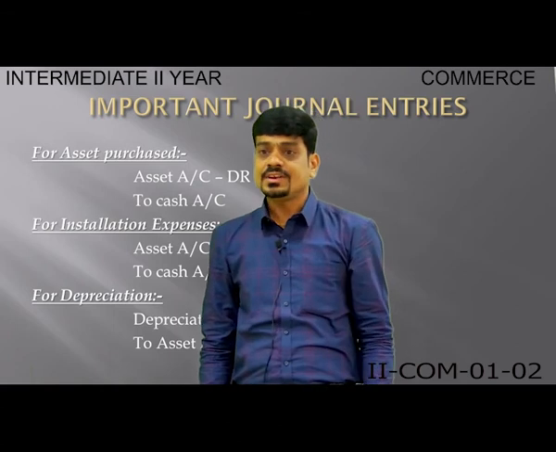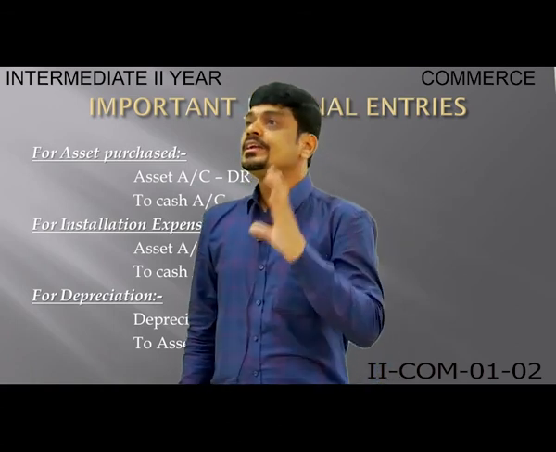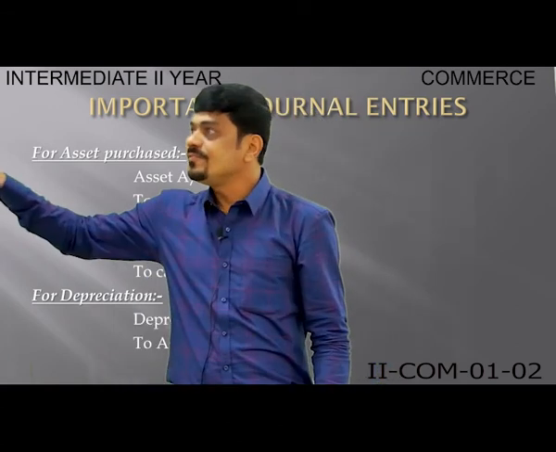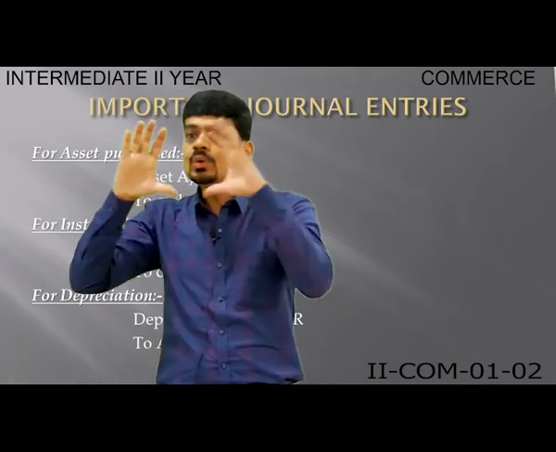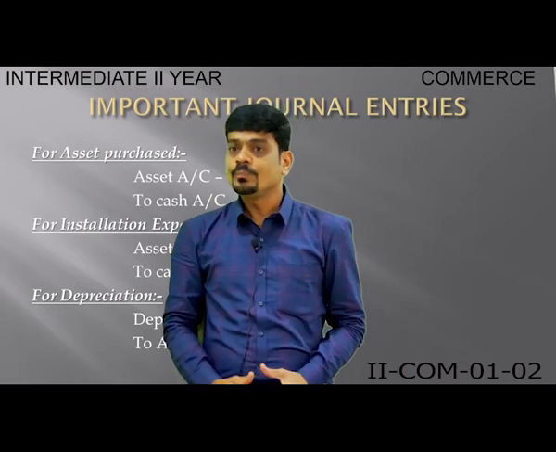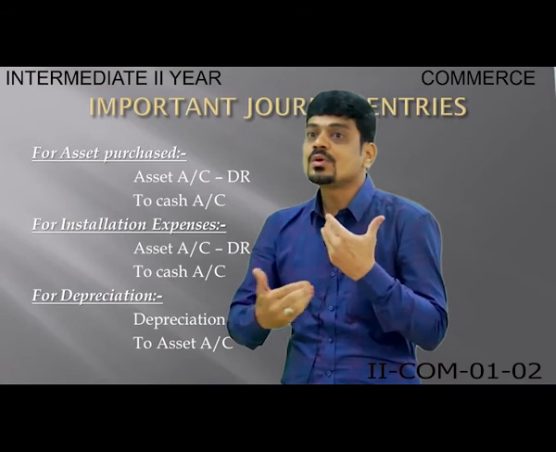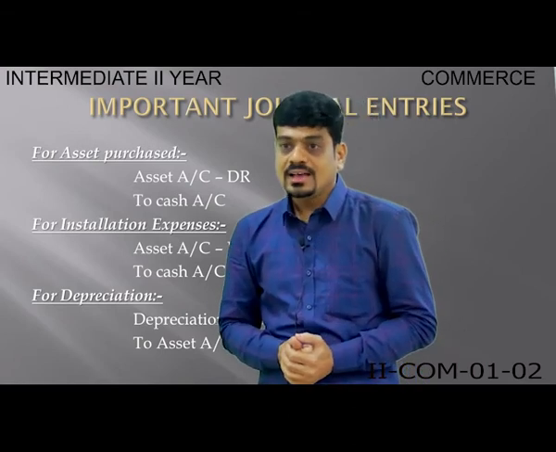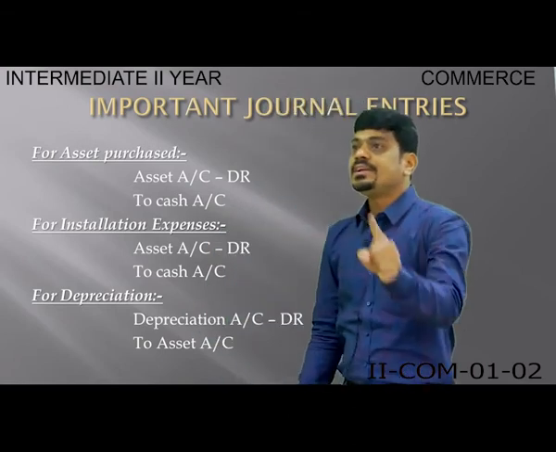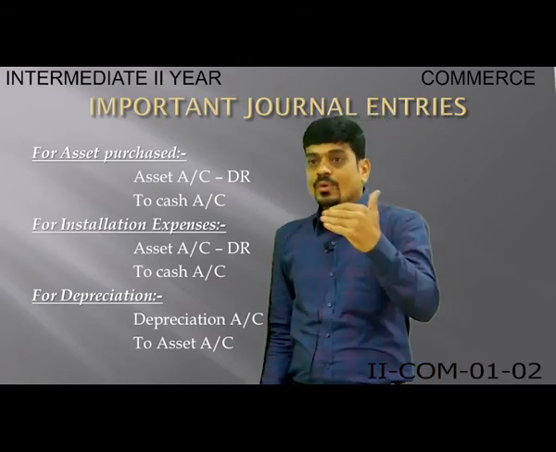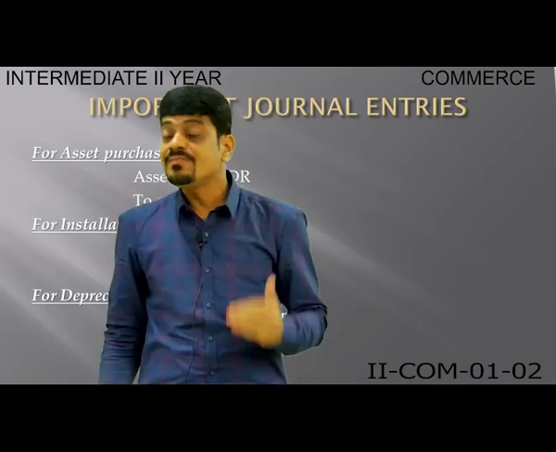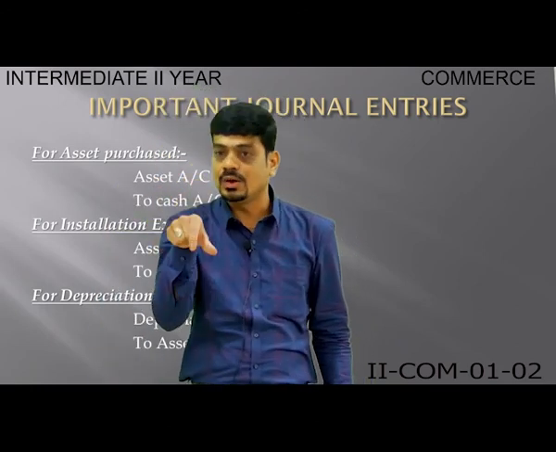Then the third entry is annual depreciation. In the first model, I showed you in the last part how to calculate depreciation. So whatever amount of depreciation we are going to charge to the asset, the entry is depreciation account debit to asset account. Why are we recording depreciation? Why are we debiting depreciation? Depreciation is again a nominal account.